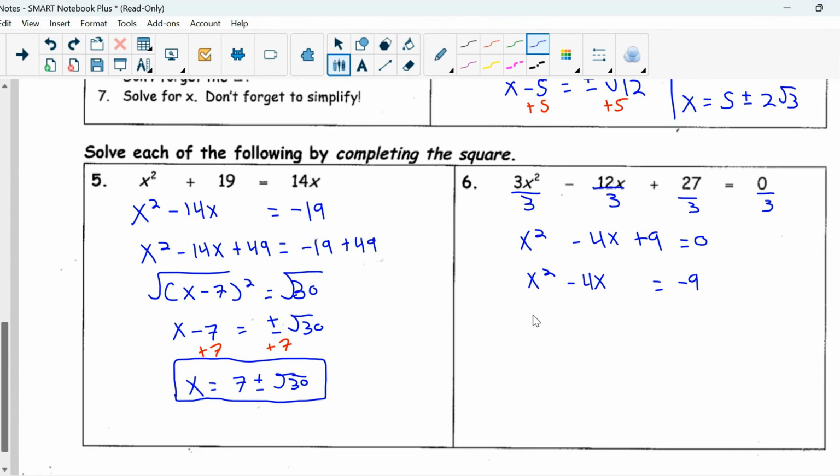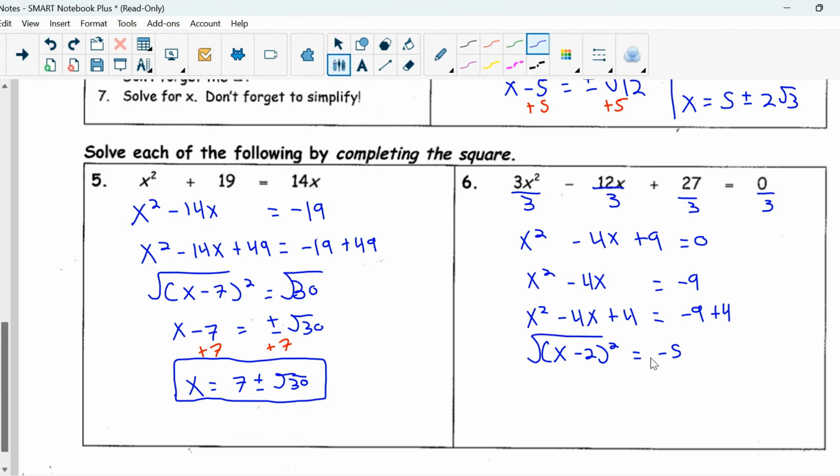So that gives me x squared minus 4x plus 4 equals negative 9 plus 4. So to factor my left side, my a value would be x, my b value would be 2. So using my perfect square trinomial, that gives me x minus 2 squared equals negative 5.